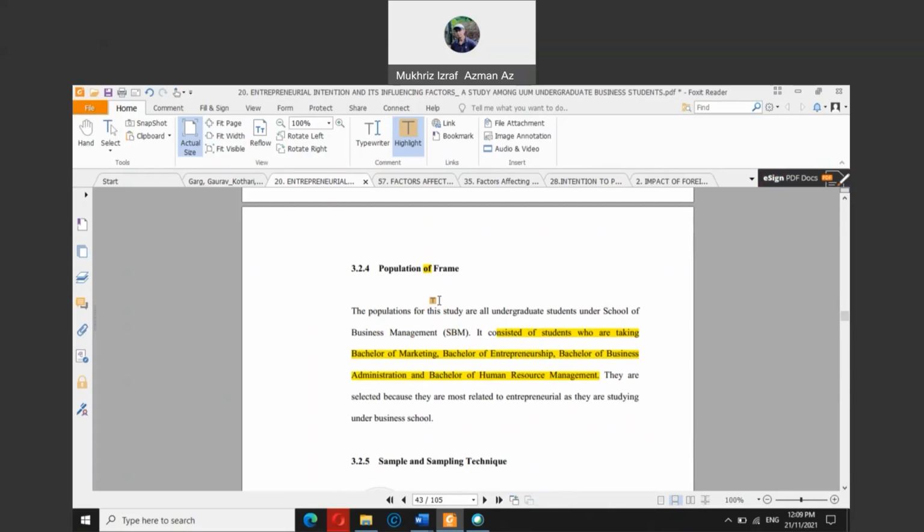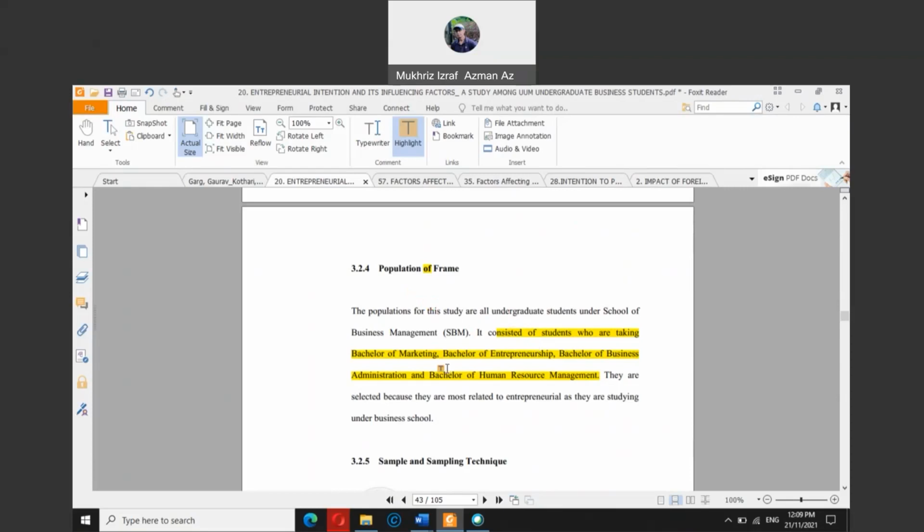If you're looking at other topics, you need to determine, for example, if you're focusing on the population of Kedah, and the samples come from the whole of Kedah, meaning you don't have any breakdown, it's just anyone that is, for example, B40 in Kedah, then anyone that belongs to the group B40 in Kedah should be part of your population frame.